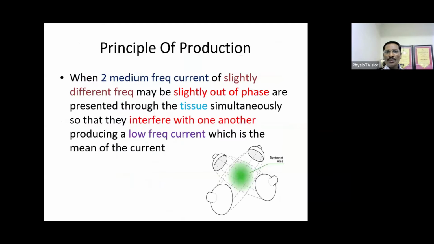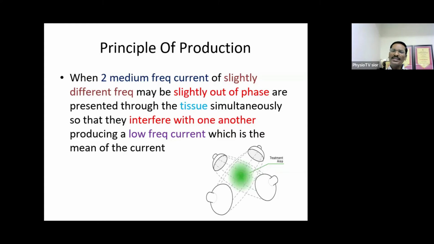Now, let us go to the actual principle of production. The idea of producing interferential therapy, and thereby producing the low frequency effect, is this. Two medium frequency currents with slightly different frequencies are taken into account. Because they are slightly different in frequency, the waveforms will be slightly out of phase.